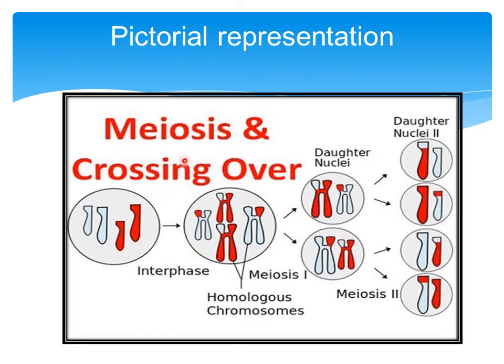Now it is meiosis 1, where the chromosomes continue to shorten and thicken, and each chromosome splits lengthwise into two different chromatids. We have seen the homologous chromosomes after replication, with sister chromatids formed.